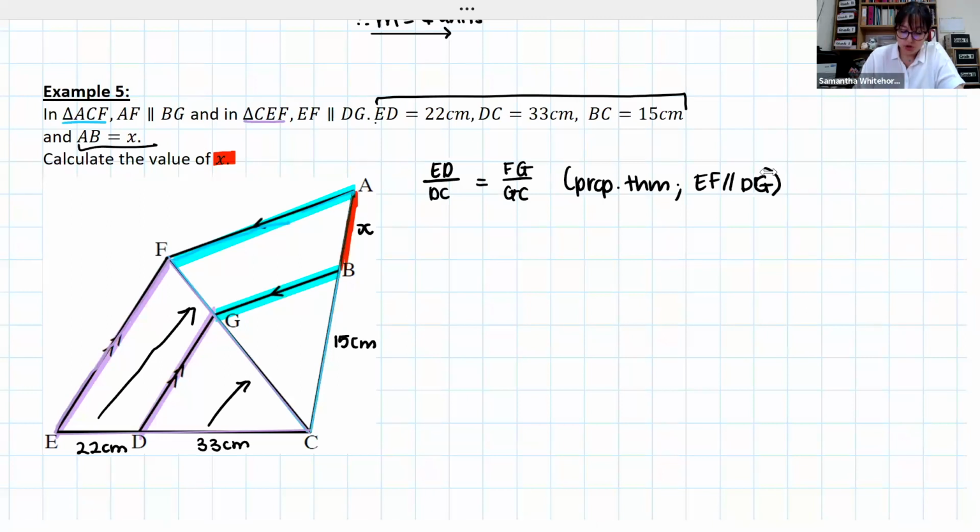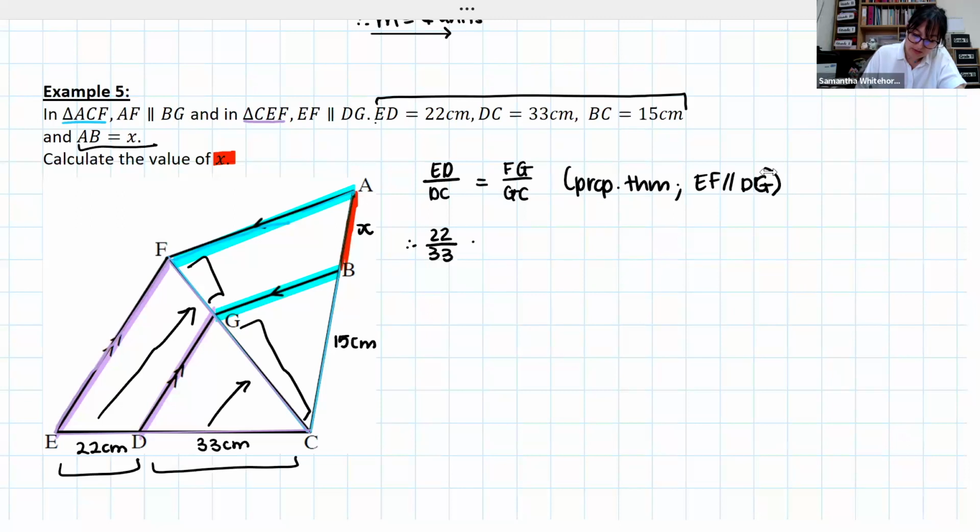Now, because that's true, whatever the ratio of ED to DC is going to be the exact same ratio for FG to GC. Now, ED was 22 centimeters and DC was 33, which means the ratio that corresponds to FG, if we simplify that, is a 2:3 ratio.